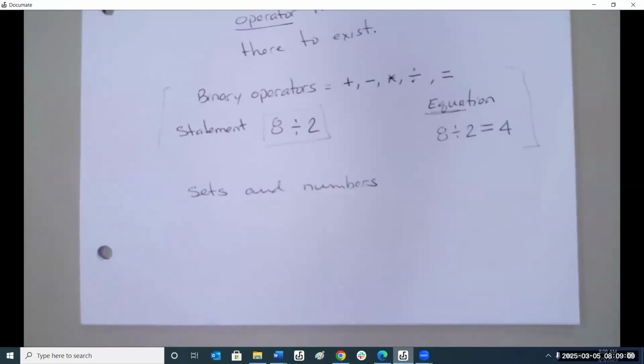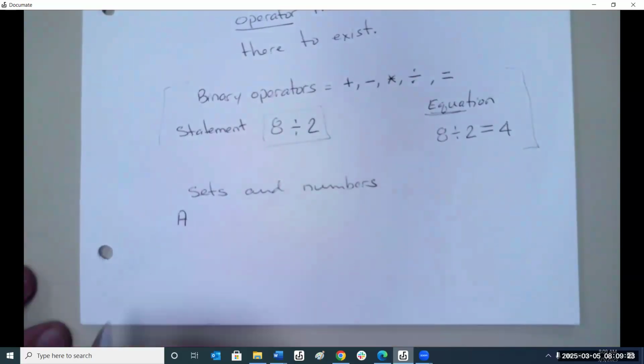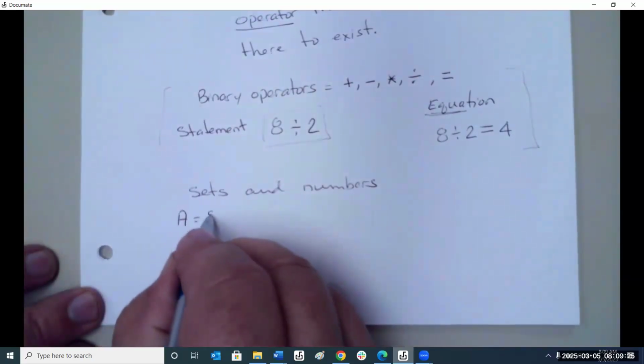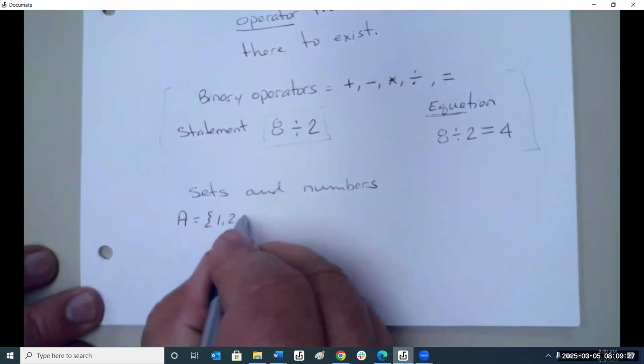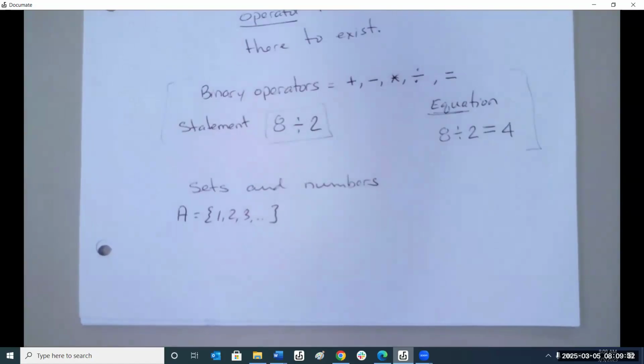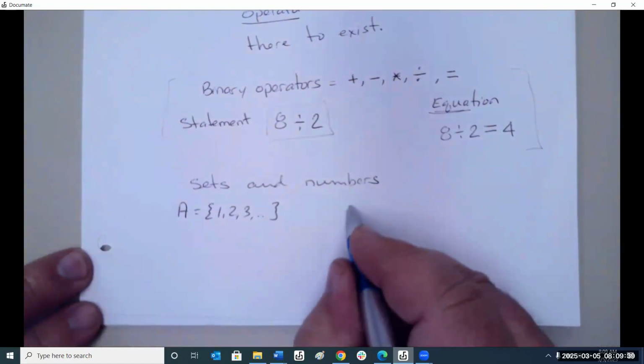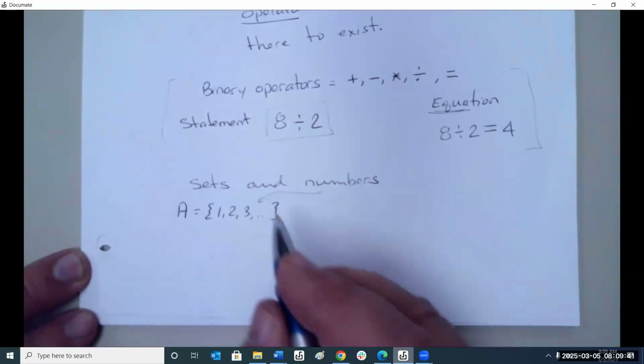Was anybody here when we talked about it? We spent the first 3 weeks of the semester talking about them. That's a list of objects, a set. Remember, they were defined by capital letters and they consist of elements. That is a set. Anything inside this is a set. Numbers are just pretty much the elements.